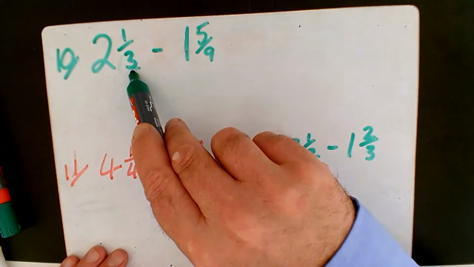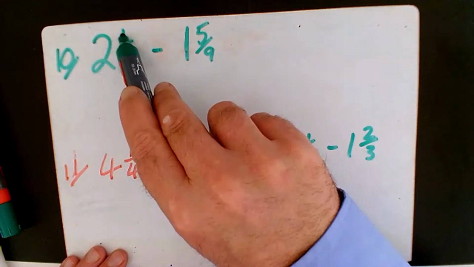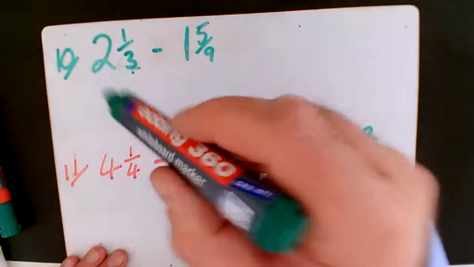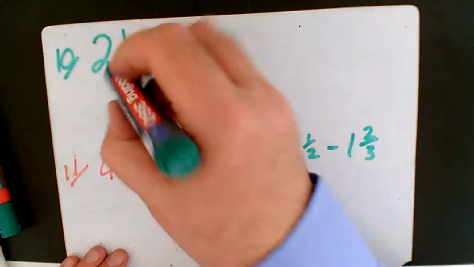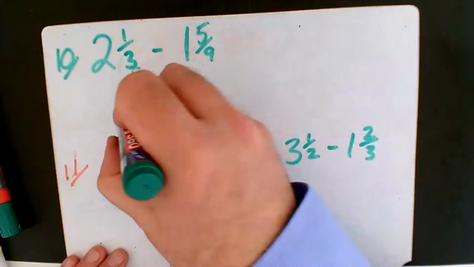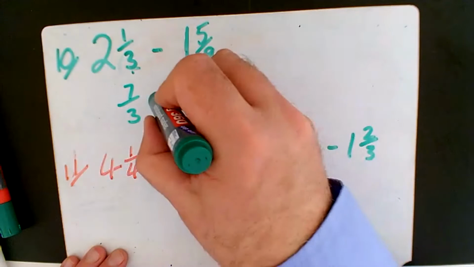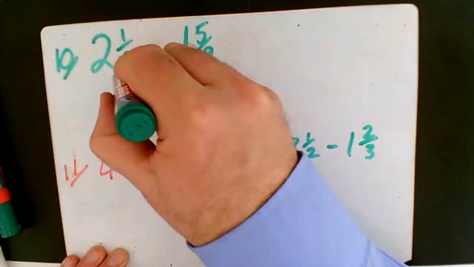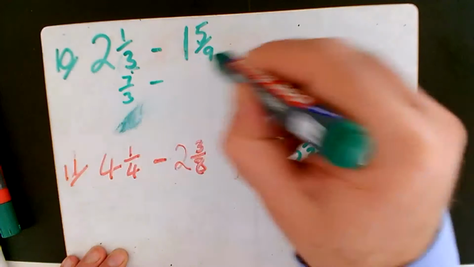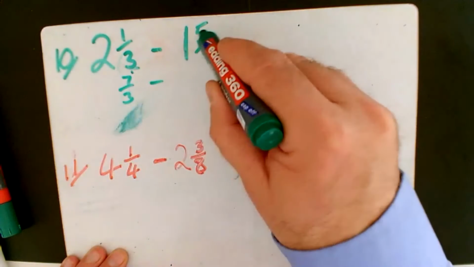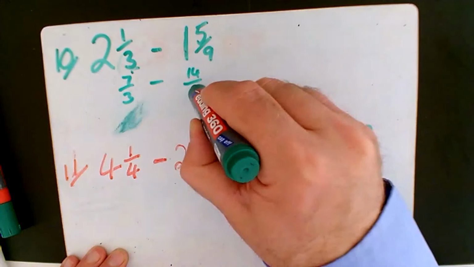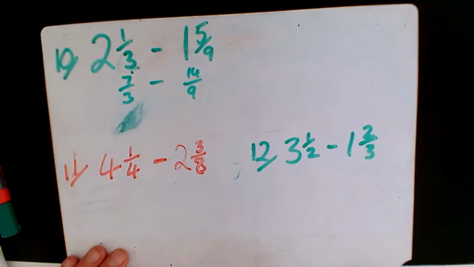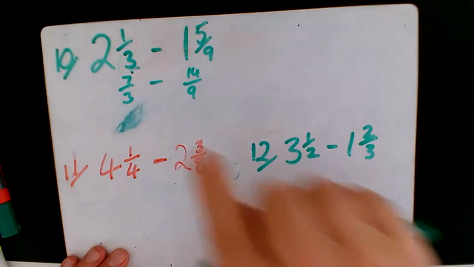So bottom number, the denominator, times the whole number, add the top number. 3 times 2 is 6 and 1 is 7. So we've got 7/3 minus, and 1 times 9 is 9 and 5 is 14 ninths. So 7/3 take away 14 ninths.